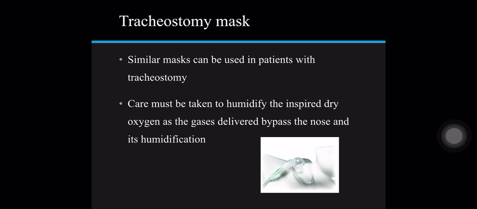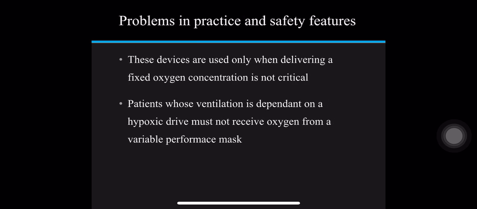Next are tracheostomy masks. Similar masks can be used, but true tracheostomy masks have a slightly different morphology from the usual face masks. The important thing is to humidify the inspired dry oxygen because the gas is delivered bypassing the nose and its humidification. Okay, regarding problems, priorities and safety features for the face masks: these devices are used only when delivering a fixed oxygen concentration is not critical.